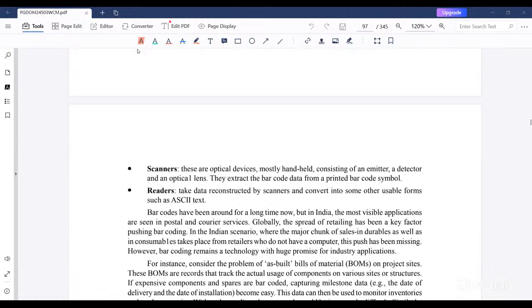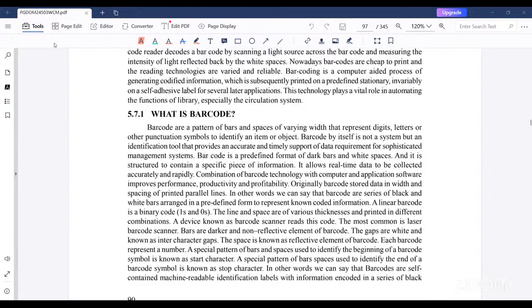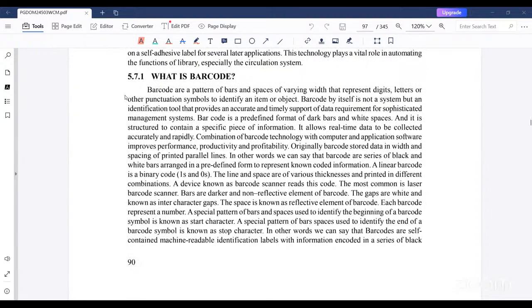Readers take data, meaning here data is reconstructed by scanners, and this will be converted into some usable forms such as ASCII text. So that will decide what a barcode is, what it actually consists of. A barcode is nothing but a pattern of bars and spaces, which will represent various digits, letters, or punctuations.